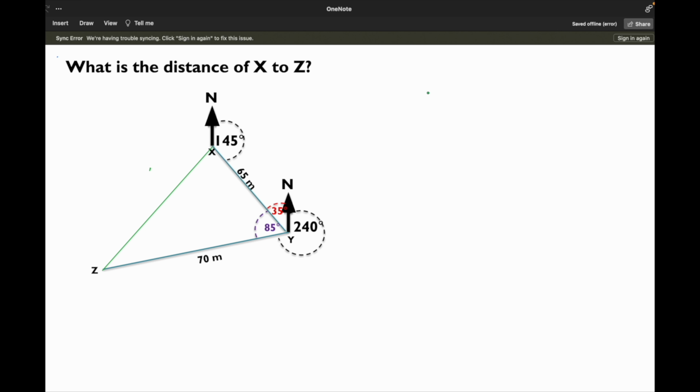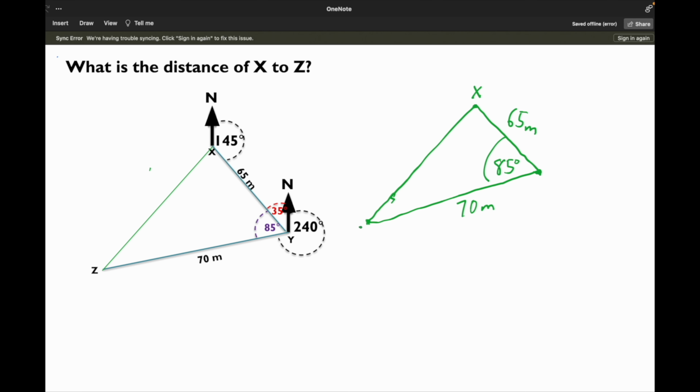So essentially, if I was to draw this triangle and get rid of the extra information, I would have this here, where this here would say 85 degrees. Here would say 65 meters, and here would say 70 meters. Now, the thing is, we have two lengths and an included angle. And we are trying to calculate the length of XZ.